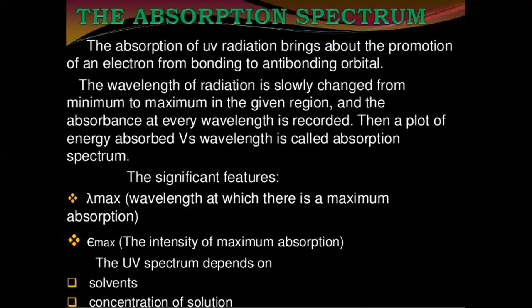The asterisk denotes anti-bonding orbitals. We'll see in a later slide. Electronic levels of the bonding, non-bonding and anti-bonding electrons can be represented in a picture.